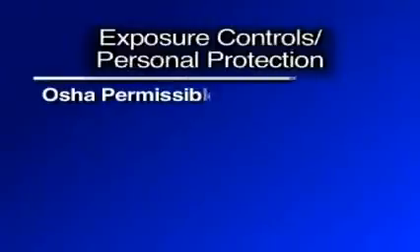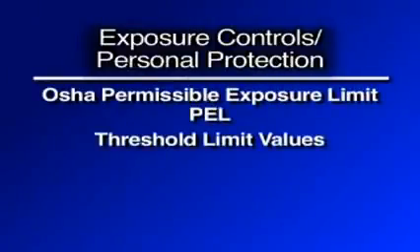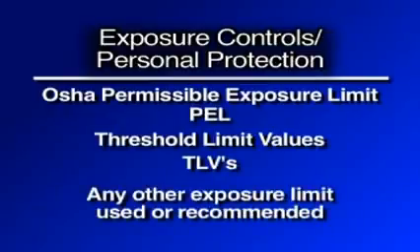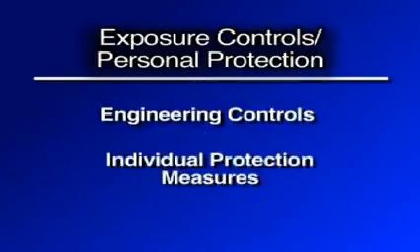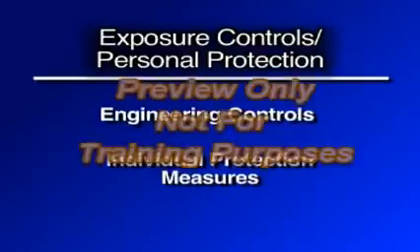Include the OSHA Permissible Exposure Limit, or PEL, threshold limit values, or TLVs, and any other exposure limit used or recommended by the chemical manufacturer, importer, or employer preparing the safety data sheet, appropriate engineering controls, and individual protection measures, such as recommended personal protective equipment, is also included.